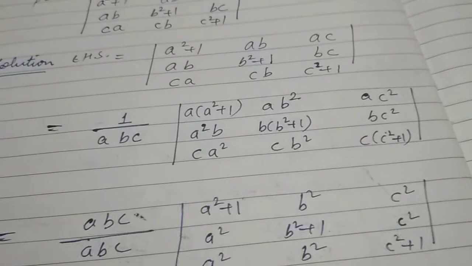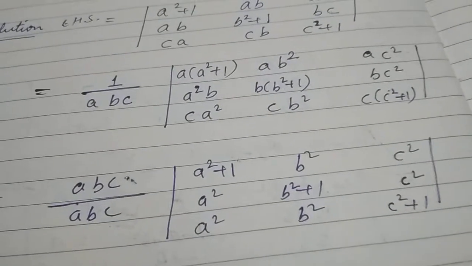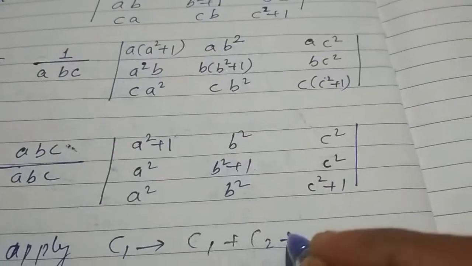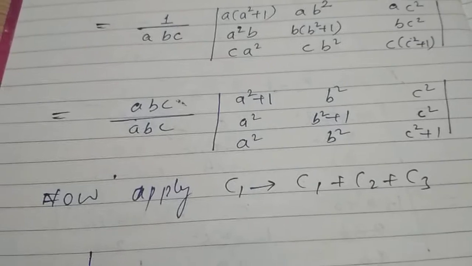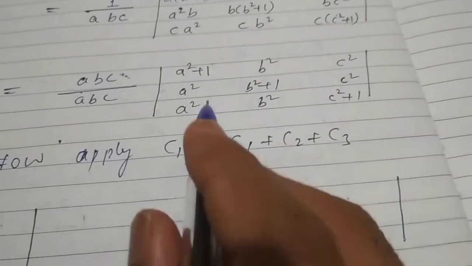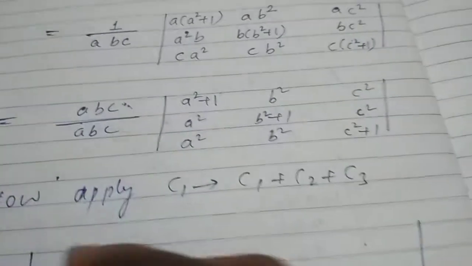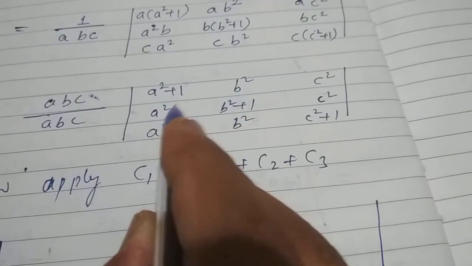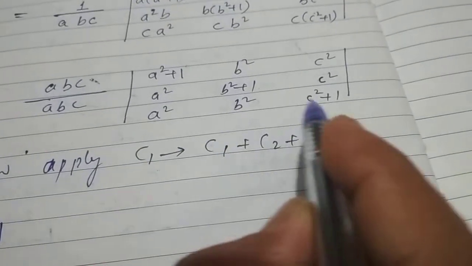So now I will apply C1 changes to C1 plus C2 plus C3. Then what is going to happen? In the first column itself, I'll get a square plus 1 plus b square plus c square. Here a square plus b square plus 1 plus c square. Here a square plus b square plus c square plus 1.